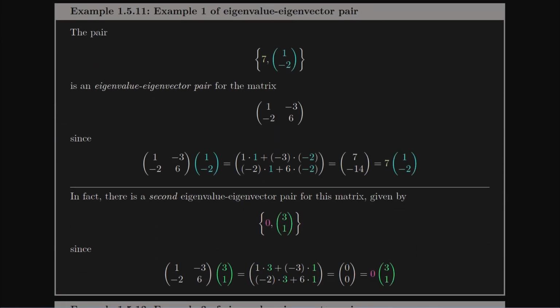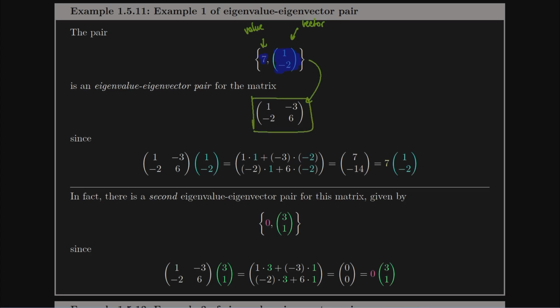So let's look at an example of an eigenvector eigenvalue pair. Here's the one basically that we already introduced, 7, and then the direction is 1, negative 2. So the way we pair these up is we put the value first and the vector second, and we call these pairs. And we say that that's a pair to a specific matrix, right? These care about specific matrices.